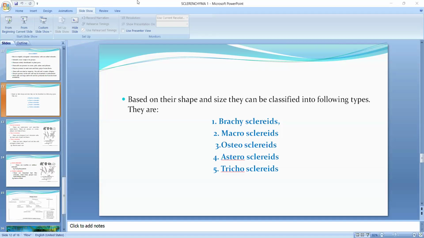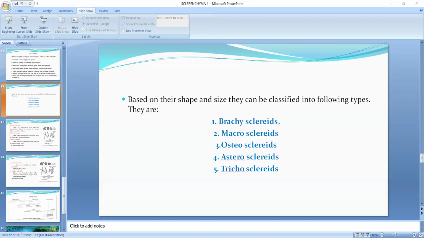Astero means star-like, osteo means bone-shaped. Macro means elongated and columnar cells. Cells that resemble parenchyma are called brachysclereids.